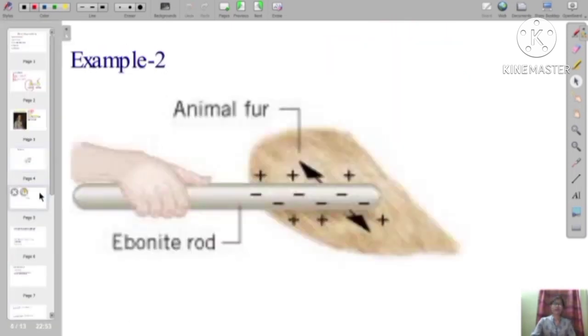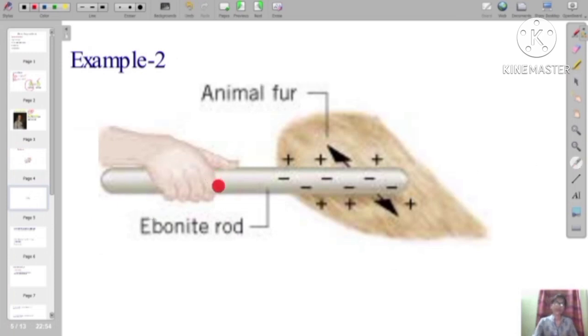That is example 2. Here we are going to rub this ebonite rod with this fur. As I told you, fur in the sense animal fur, as we have skin, similarly they will be having the fur. You can also consider a plastic rod in this place.